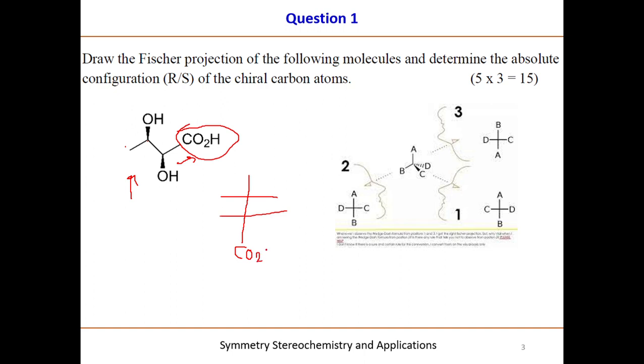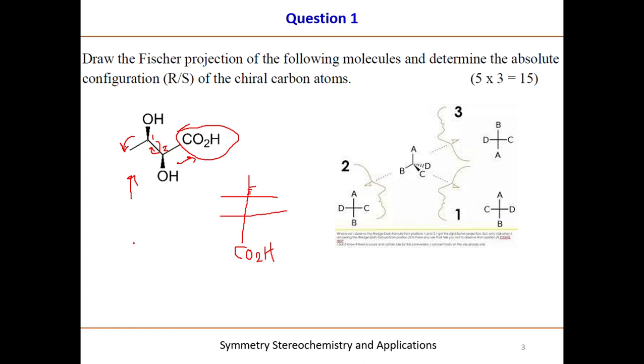Then this CH3 group is coming towards ourselves. That means it is not below the plane but above the plane. But as I have discussed earlier, this vertical line always represents the back side of the plane. So what we have to do, we have to rotate this carbon-carbon bond by 180 degrees.